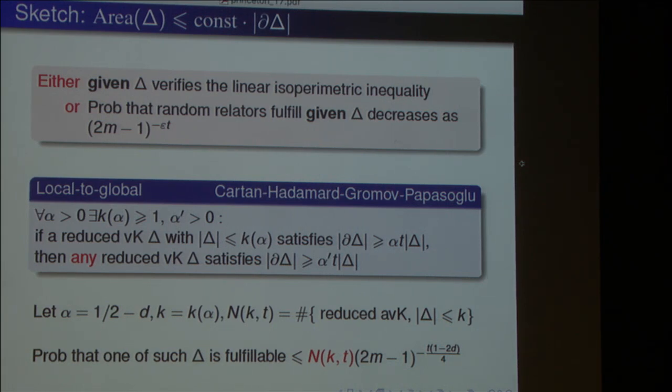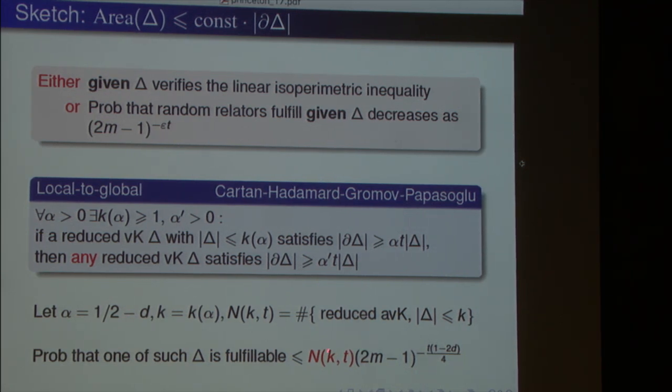The probability that such a diagram is fulfillable then will be, we will multiply. So you see this is this number. I just put epsilon like we have chosen. So it is the same formula, this one and this one. And I have to multiply by the number of possible abstract one component diagrams.